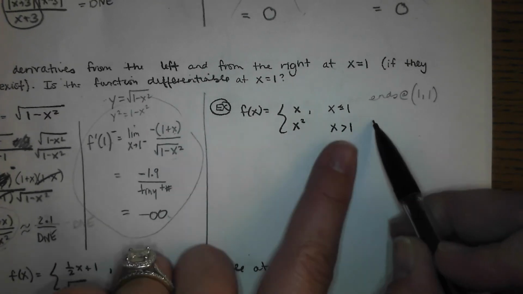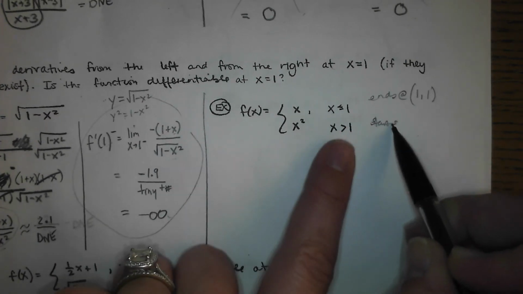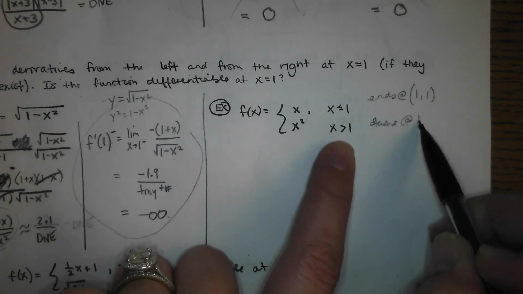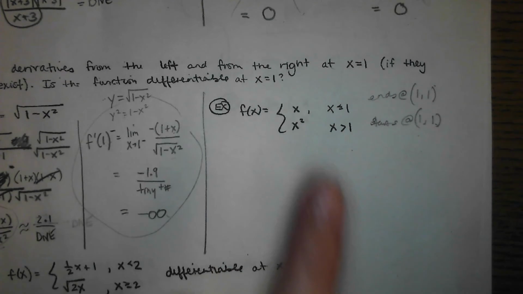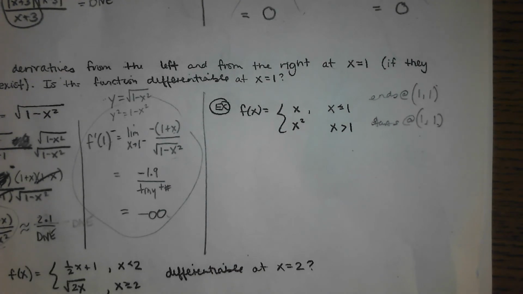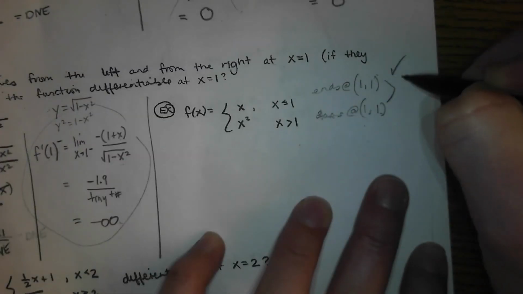And this next section is going to start with an open circle, but who cares, at 1 comma, what happens when you plug in 1? 1, 1. So the endpoint and the beginning point are the same. Is it continuous? Okay, so we'll give it a check for continuity.